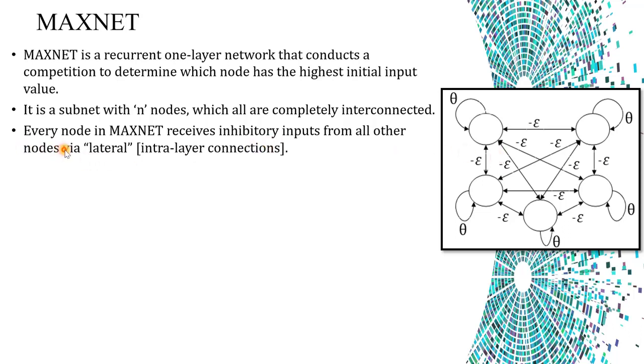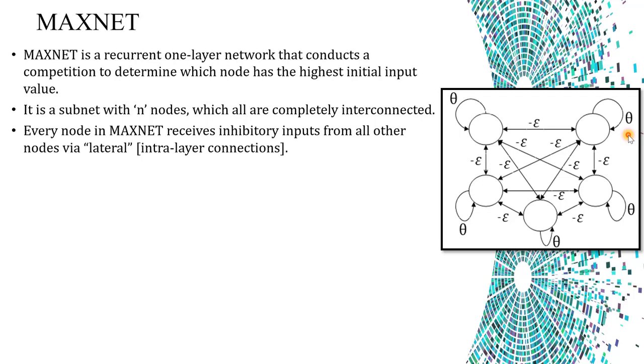Every node in a Maxnet receives inhibitory inputs from all other nodes via lateral intra-layer connections. So these are inhibitory inputs. Now what is the meaning of inhibitory inputs? Supposing in a class there are, say, 5 students who are competing to become the topper.